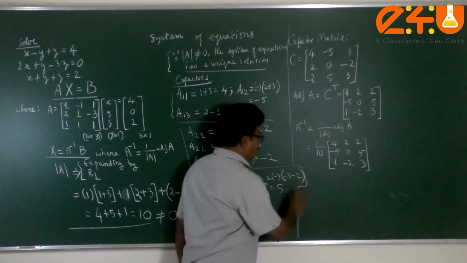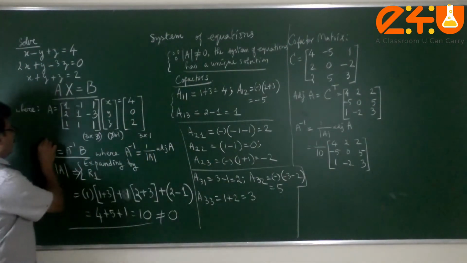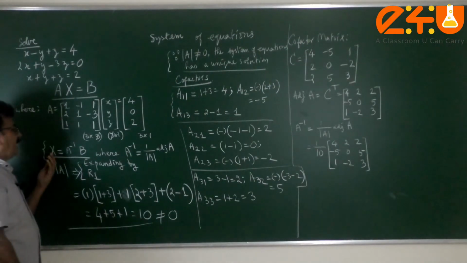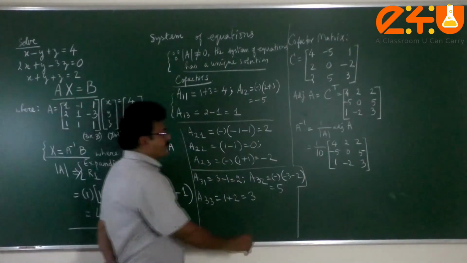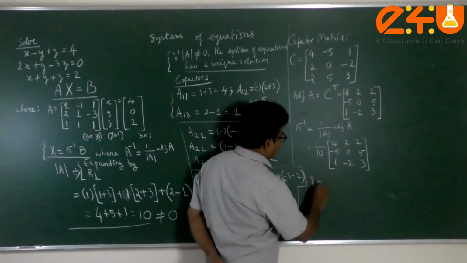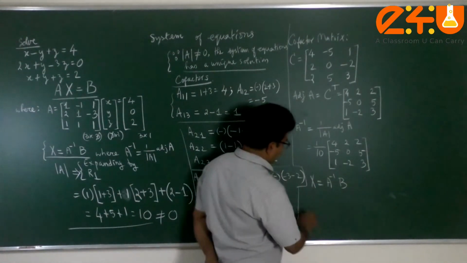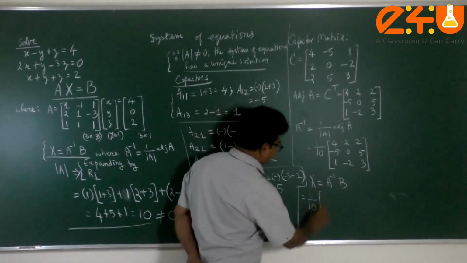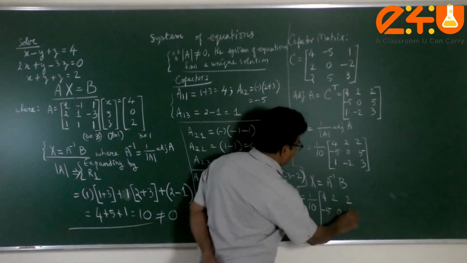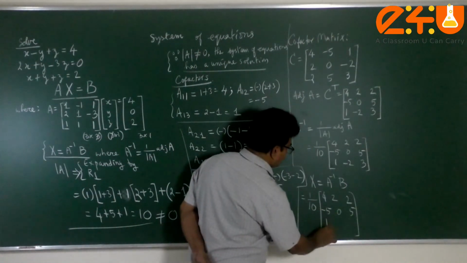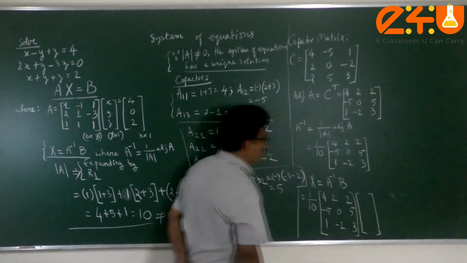Well, now we have come to the final stage where we are in a position to calculate the unknowns X, Y, Z forming column matrix X. So let us substitute what we found in matrix X formula, A inverse times of B matrix. Put them together: 1 by 10, 4, 2, 2 of row 1, minus 5, 0, 5, row 2, 1, minus 2 and 3, row 3.